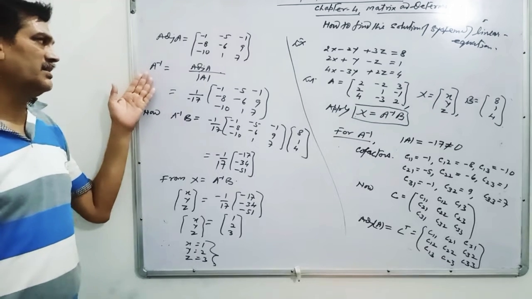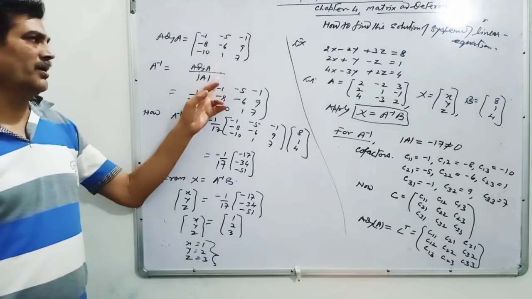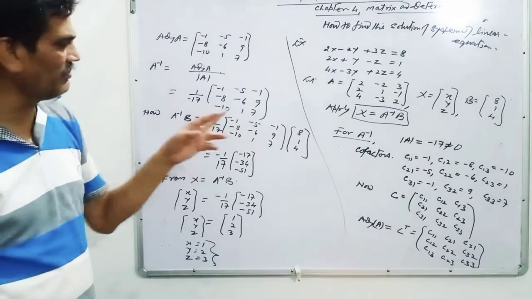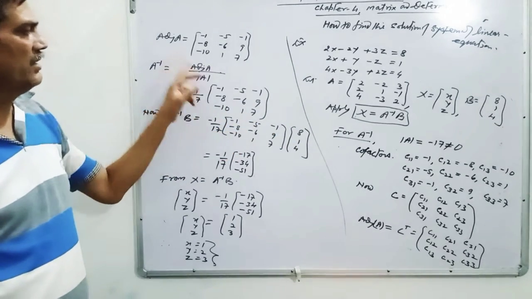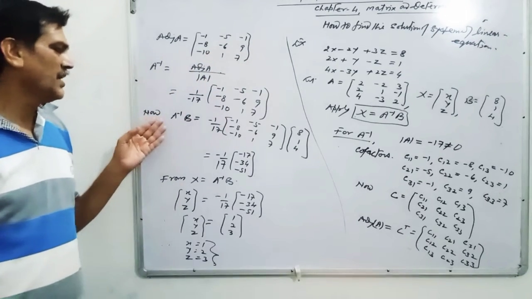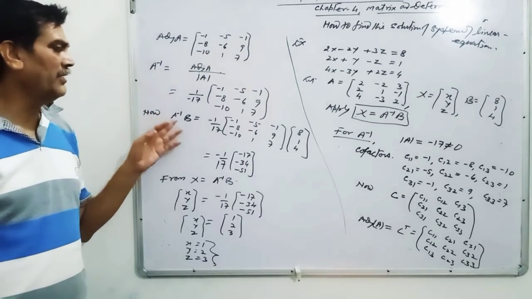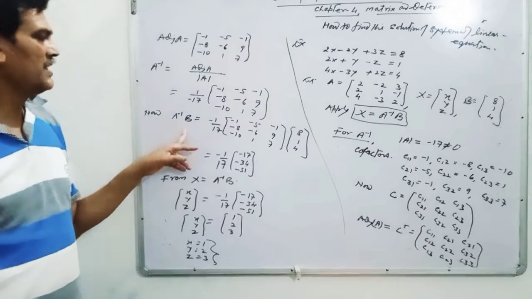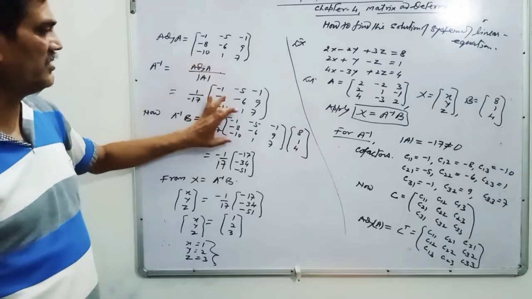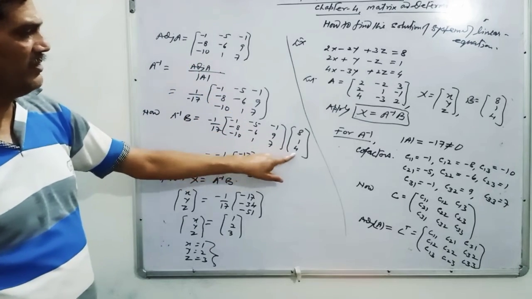Now A inverse is adjoint of A upon determinant A. Determinant A is, as you determined, -17, and adjoint of A is written here. Then find A inverse into B.